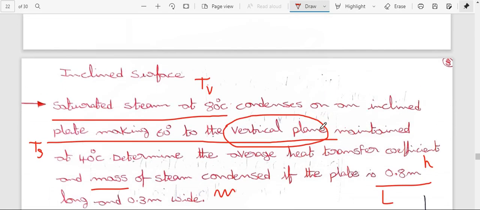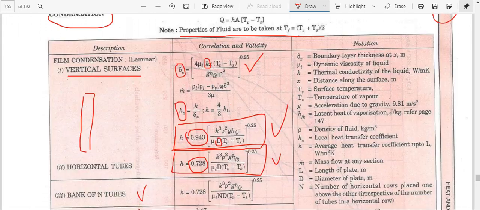So in this question, saturated steam at 80 degrees condenses on an inclined plate. In this data book page we don't have any inclined plate formulas.